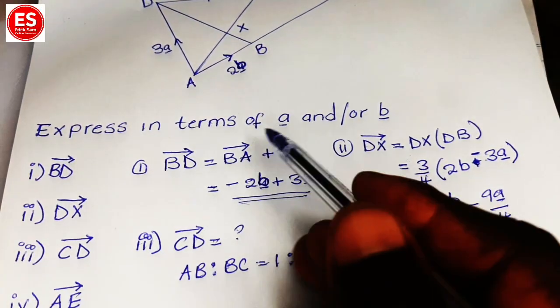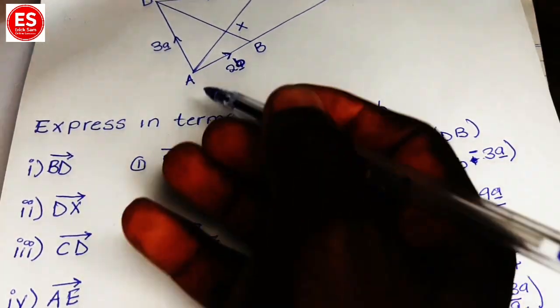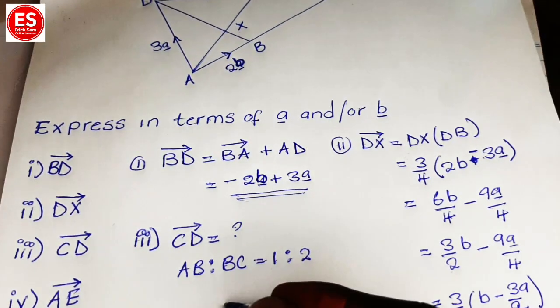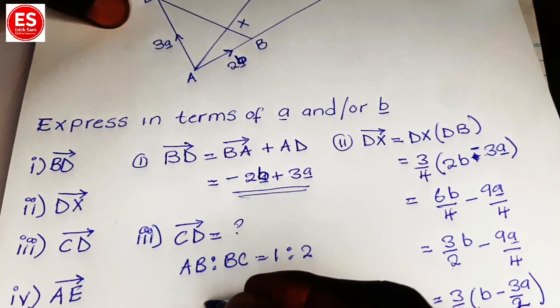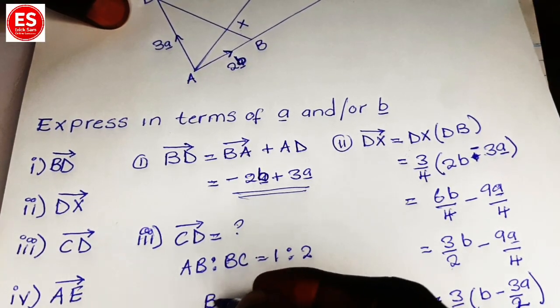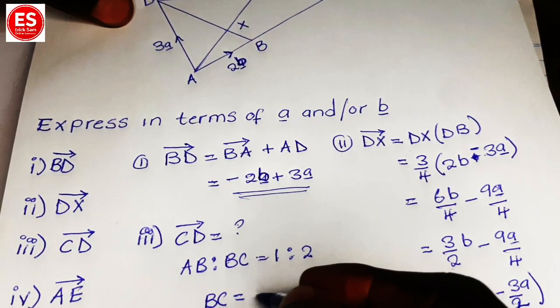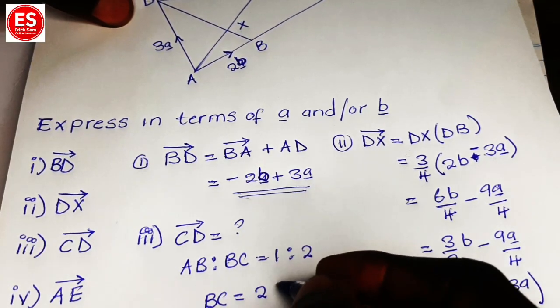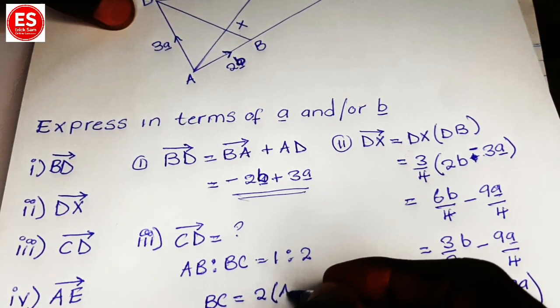It means that BC is double AB. So BC is equal to 2 times AB.